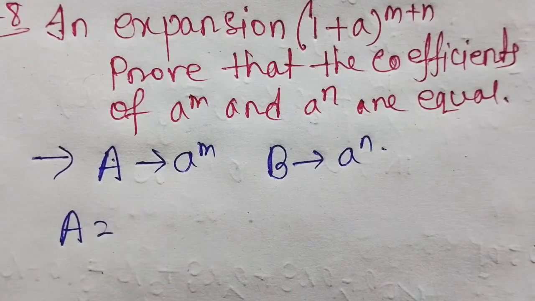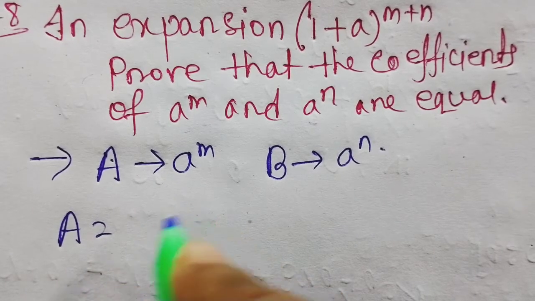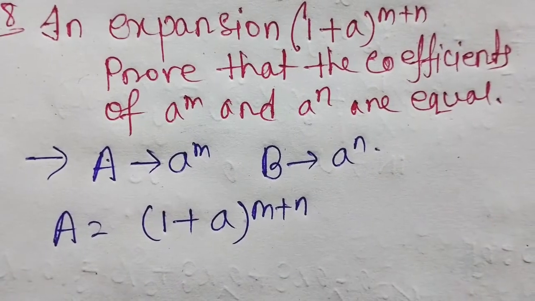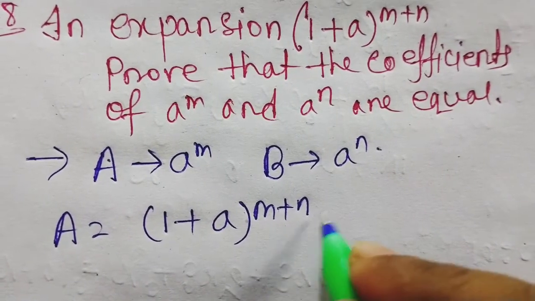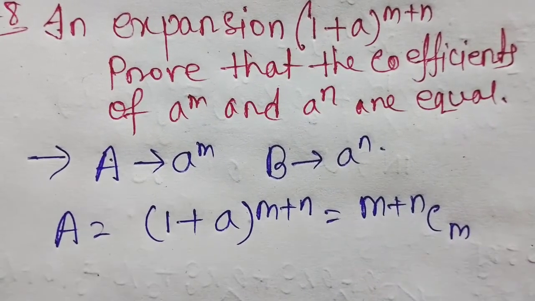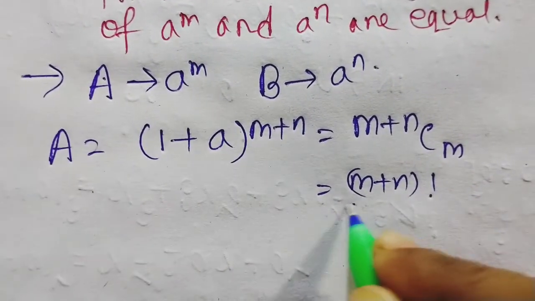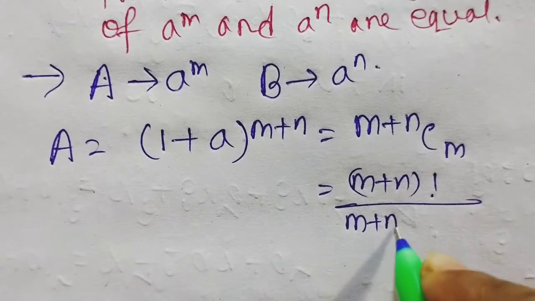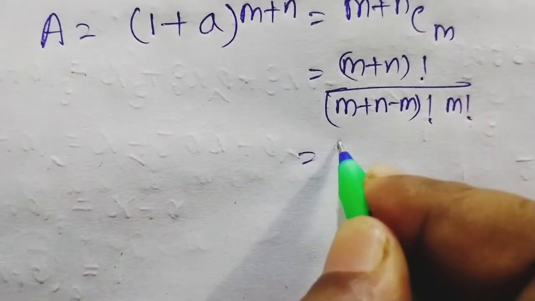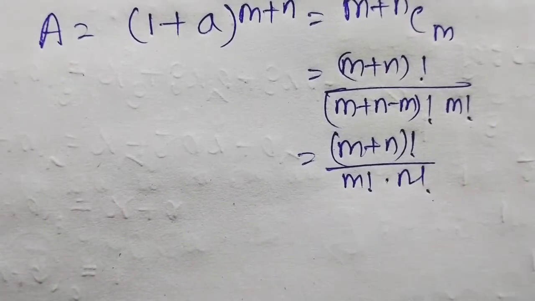Now a is equal to the coefficient of a to the power m in the expansion of (1 + a) to the power m + n. So it's (m+n)Cm. Now it can be written as (m+n)! / ((m+n-m)! m!), that means (m+n)! / (m! n!).